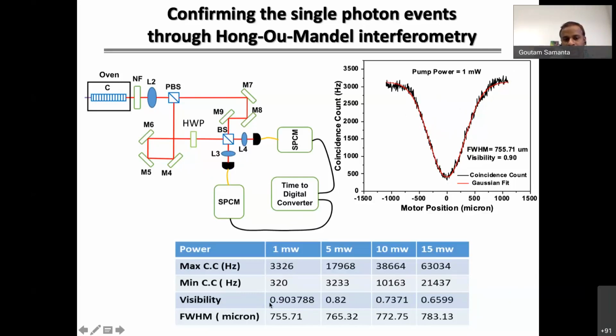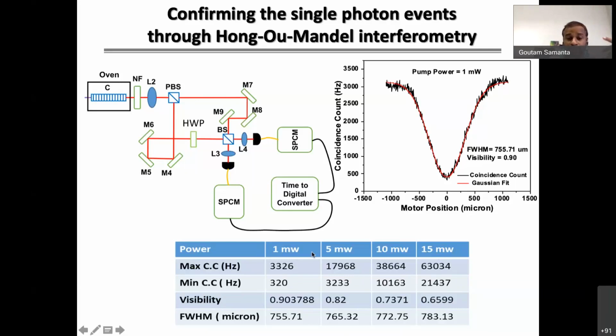Using different pump powers, we found that at lower pump power the visibility is 90%, whereas if you keep increasing the pump power, the visibility goes down, because a higher generation rate can end up with a larger number of photons, and that gives you lower visibility.